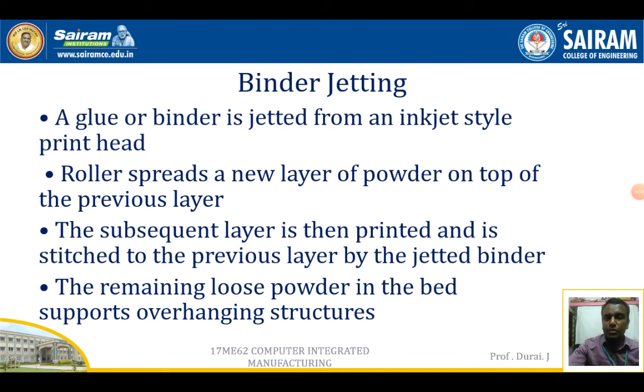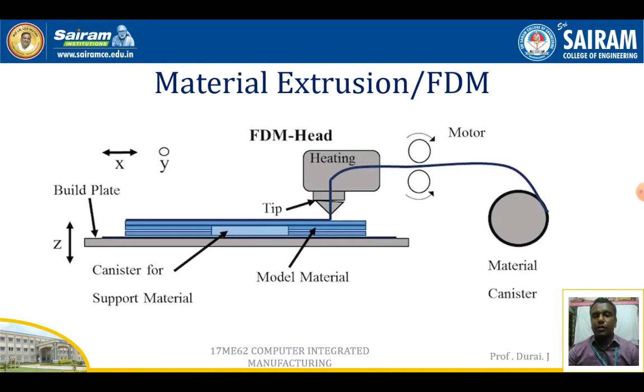Next comes the material extrusion process. In the material extrusion process, the filament is drawn into the nozzle. Before it enters the nozzle, heating takes place and the filament becomes molten, and it is deposited layer by layer on the build platform, where it cools and solidifies.